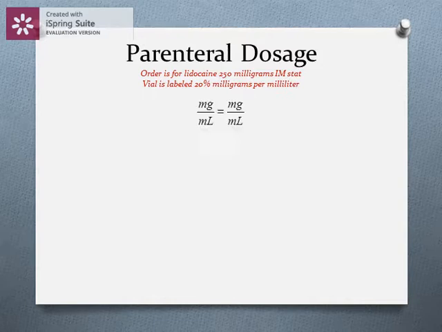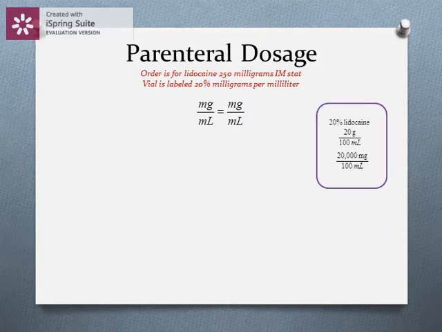So we recognize that we do have a relationship between milligrams and milliliters, but we also must recognize that 20% lidocaine means that there are 20 grams in every 100 milliliters. And so with that, we can very quickly at this stage in our understanding convert grams to milligrams. And so instead of the 20%, we're going to represent this as 20,000 milligrams per 100 milliliters.